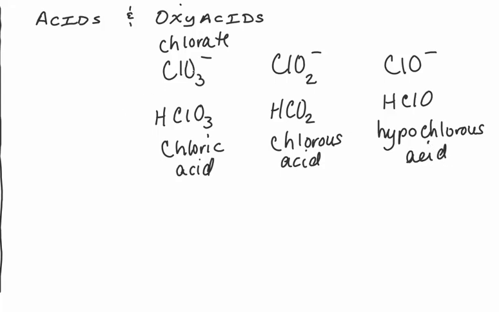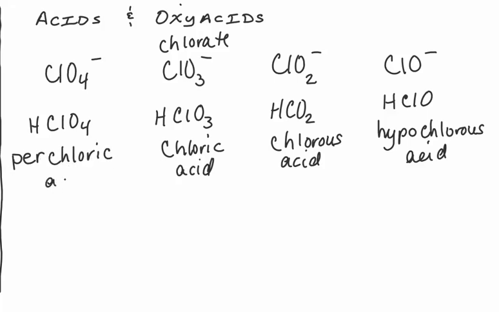If I add an oxygen to chlorate, I end up with this anion. If I put a hydrogen in order to satiate that charge, then I use the per prefix. So this is perchloric acid.